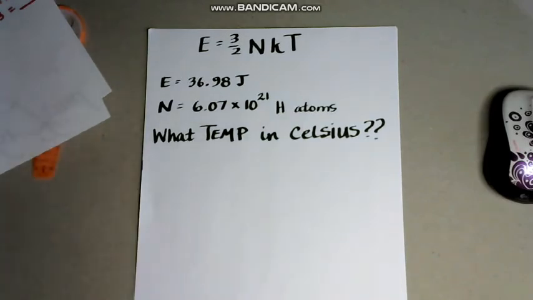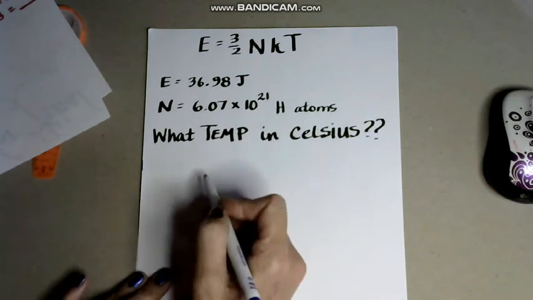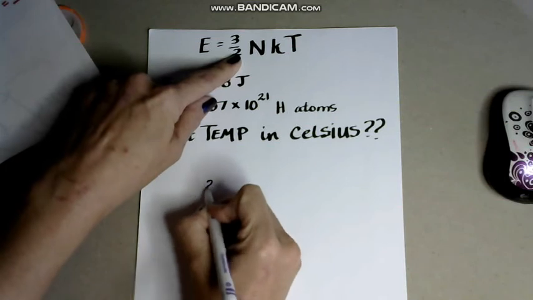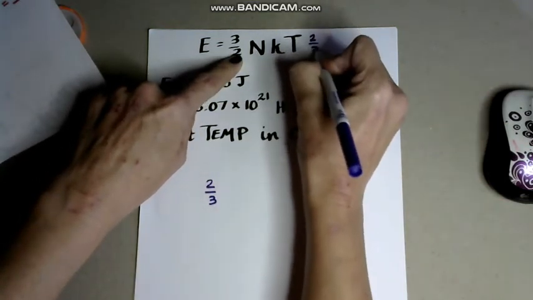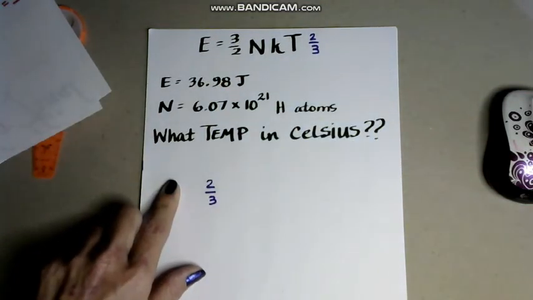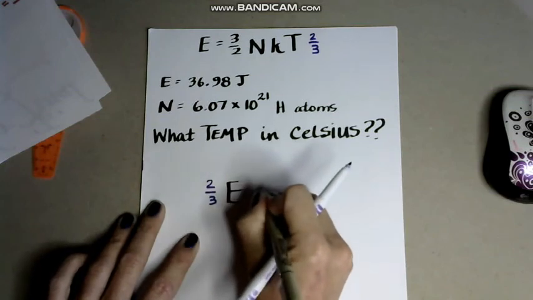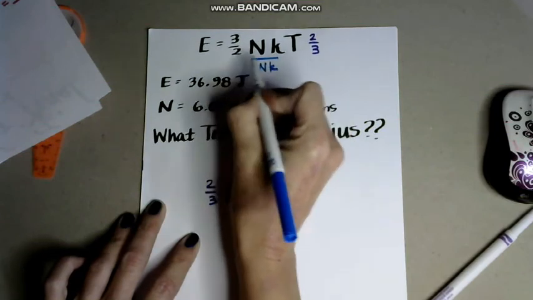The first thing I like to do is isolate the variable you're solving for, which just means manipulating the equation. So I would multiply E times 2/3, which is the reciprocal, and then divide both sides by N and k.